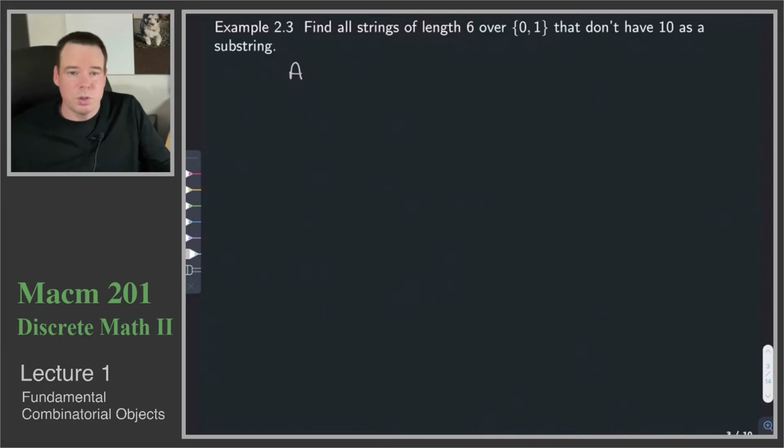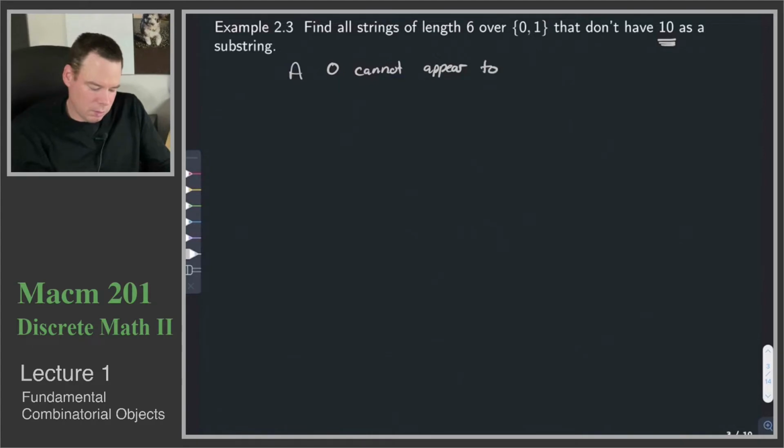So what we're going to do is we're just trying to make some observations that are going to help us count. So the first observation is, if we can't have 1, 0 appearing, then it means that a 0 cannot appear to the right of a 1.